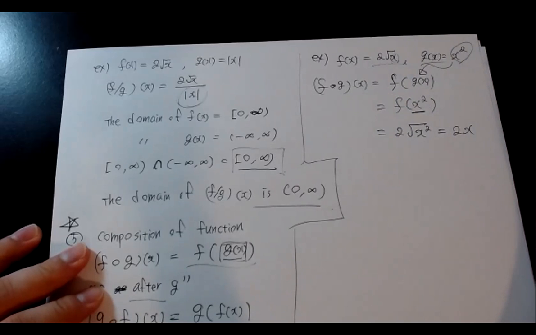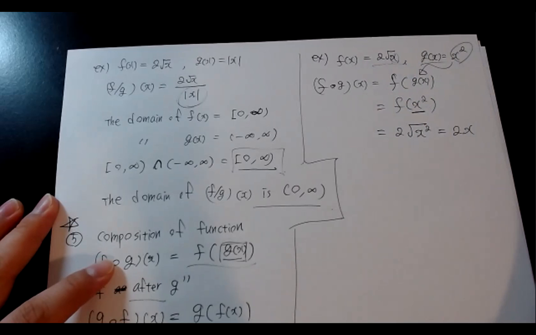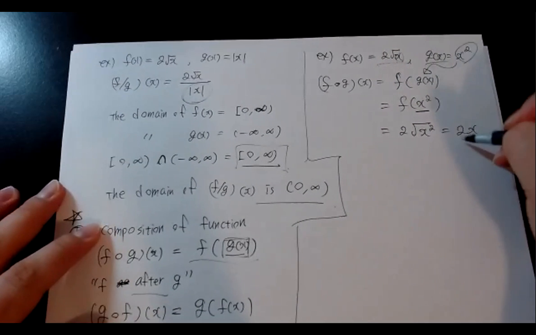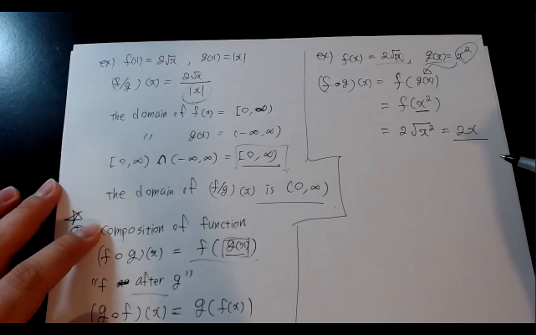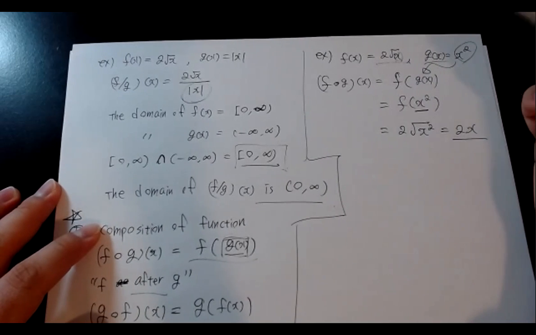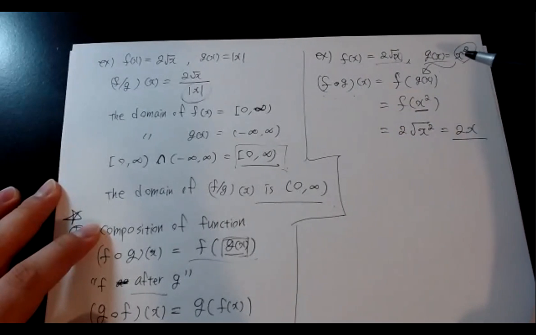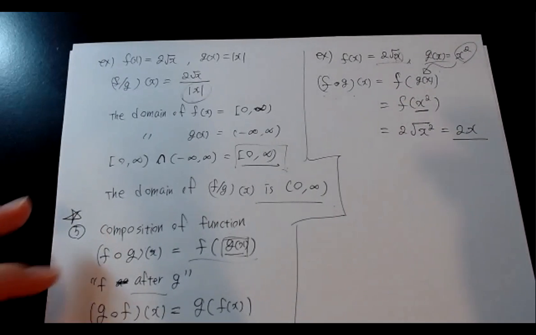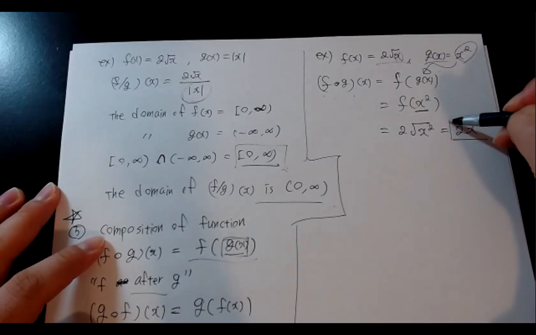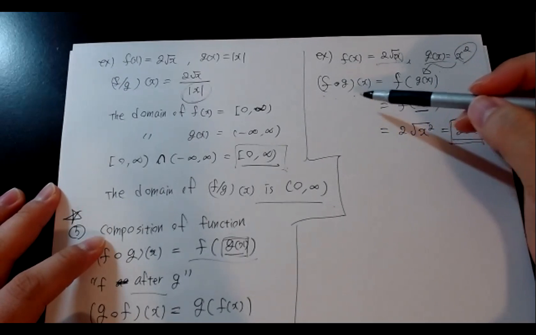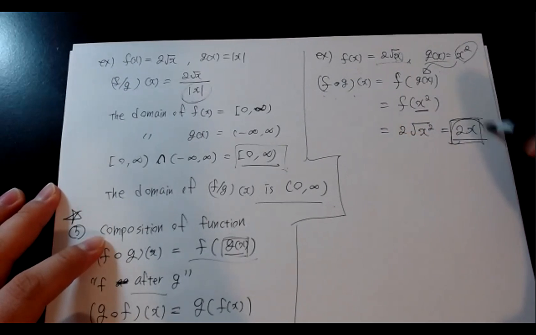Now, what about the domain, by the way? So the domain of 2x is what? In this case, don't try to find the domain of the composition from the domains of f and g, because that makes you really confused. Just find the domain of the composition by looking at this: 2x. This is a polynomial, right?